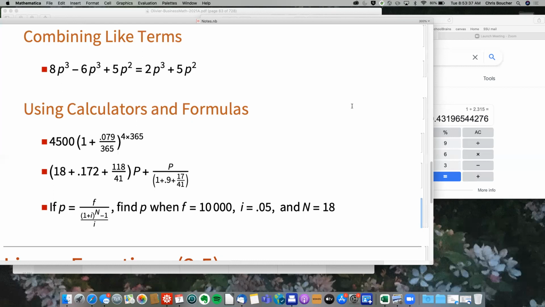Now 1 plus 0.05 is 1.05, but usually when I plug into a formula the first time, especially if it's a little bit complicated, I'm not going to do any computing or simplifying. I'm just going to plug everything straight in, and then we'll worry about that in the next step. Okay, n is 18, so this is to the 18th power. And there's a minus 1. Well, this gets divided by 0.05. So step 1 is get the values into the formula where they belong.